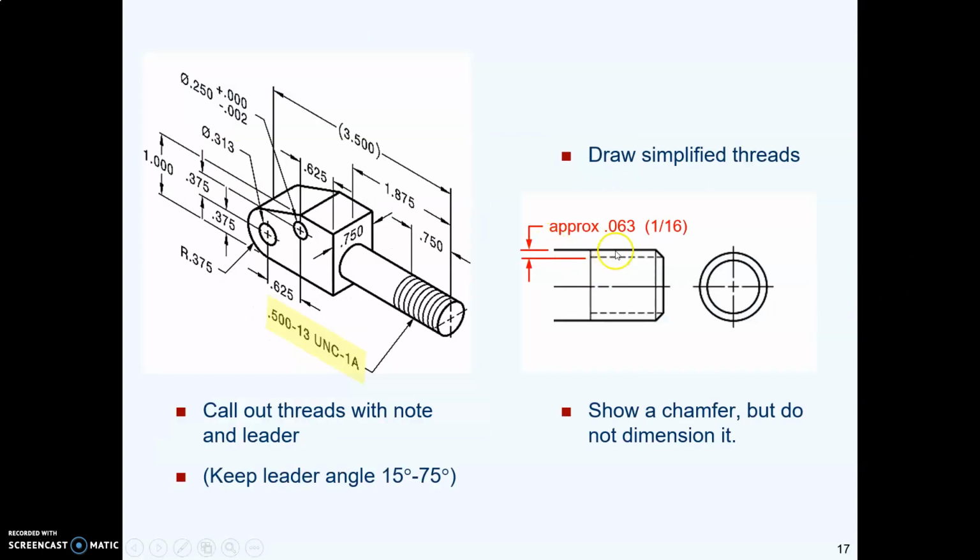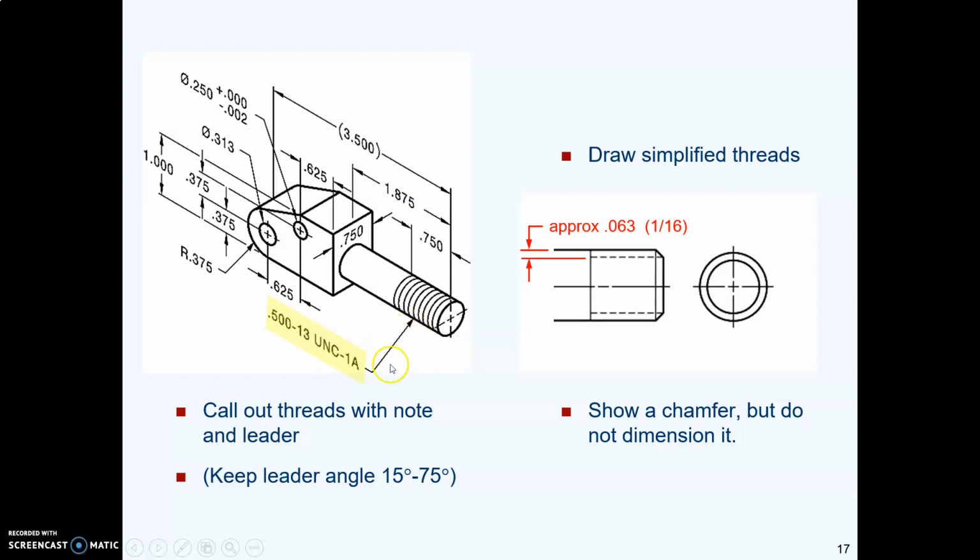Then you'll offset a 1/16 of an inch to make your hidden lines. You'll chamfer the end of your thread, and you'll use a leader with this note in it to call out the threads. So this is a 1/2 inch Unified National Coarse thread. Oh, look at that. It's a real loose class of fit. It's a 1A for external.